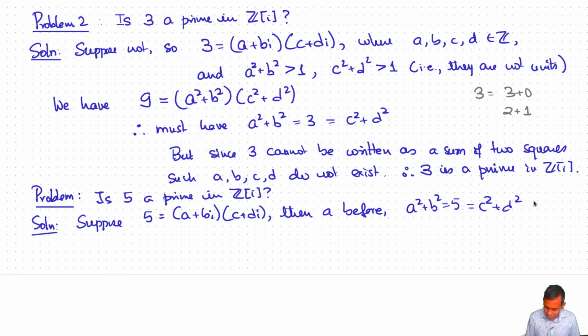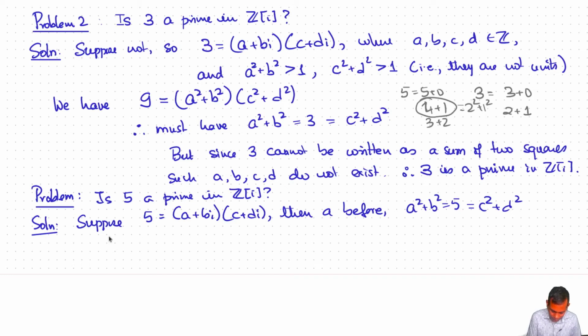But 5 can be written as 5 plus 0, 4 plus 1 and 3 plus 2, and then you can switch the a and b. But if you look at this 4 plus 1, it's a sum of squares. It's 2 squared plus 1 squared.